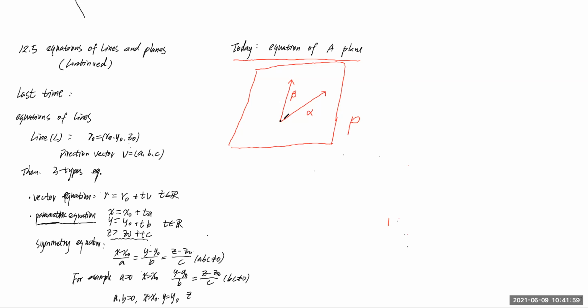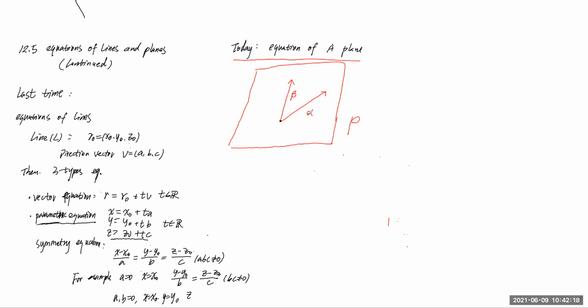You have to know this name because in the future people say, okay, the normal vector of a plane, that means that n is perpendicular to this plane, where you can say, okay, n is perpendicular to alpha and beta. They are equivalent, okay?